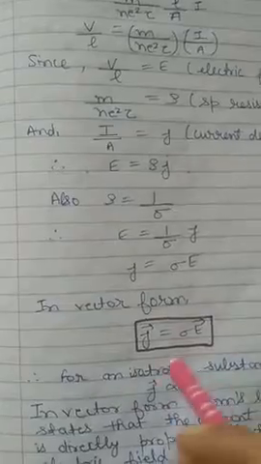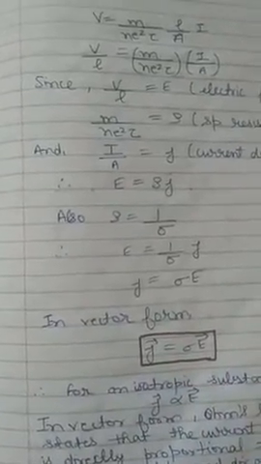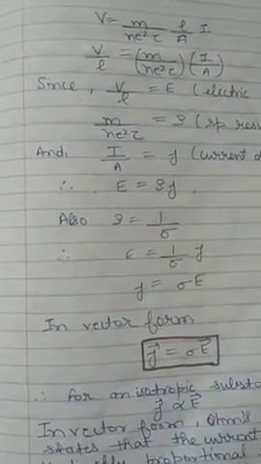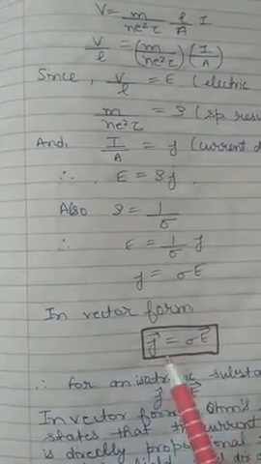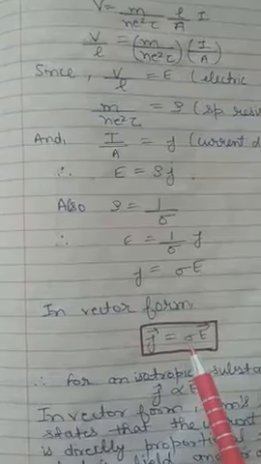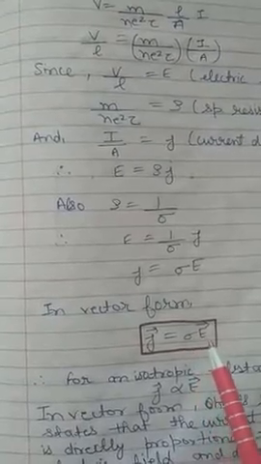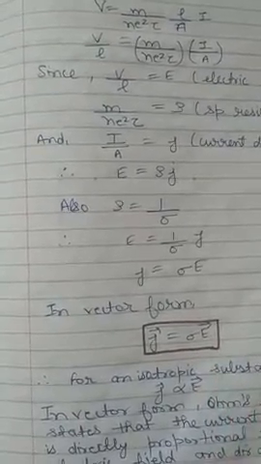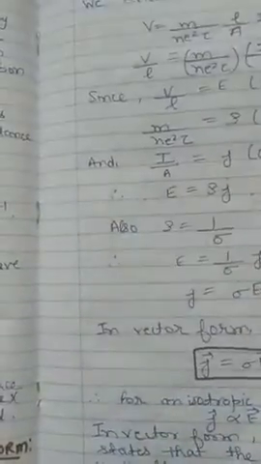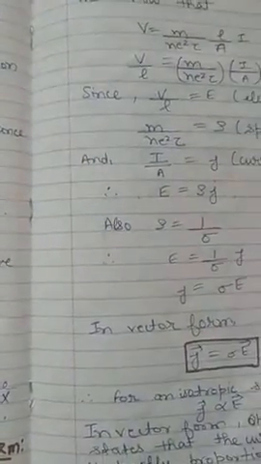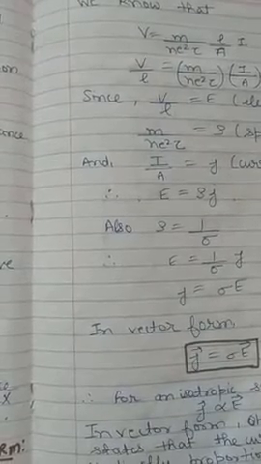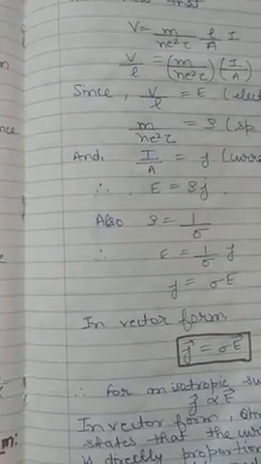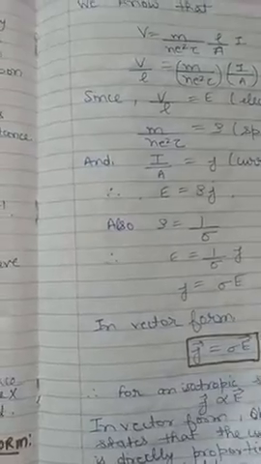Otherwise, if it is asked in 1 mark, you can directly write this relation, and then define that J is current density, sigma is your specific conductance, and E is your electric field. So this is the topic of Ohm's law in vector form. We now have two relations: Ohm's law in scalar form, that is V is equal to I into R, and Ohm's law in vector form, that is J is equal to sigma into E.